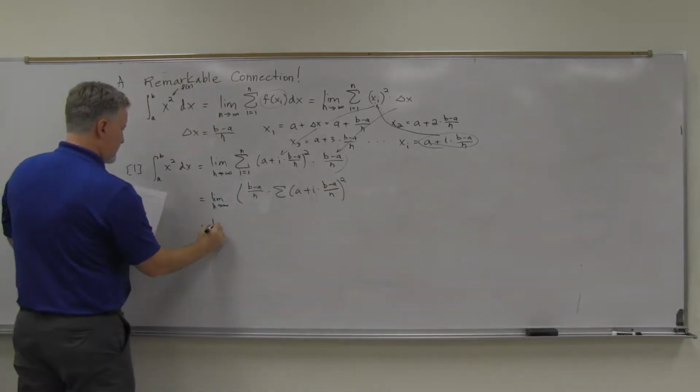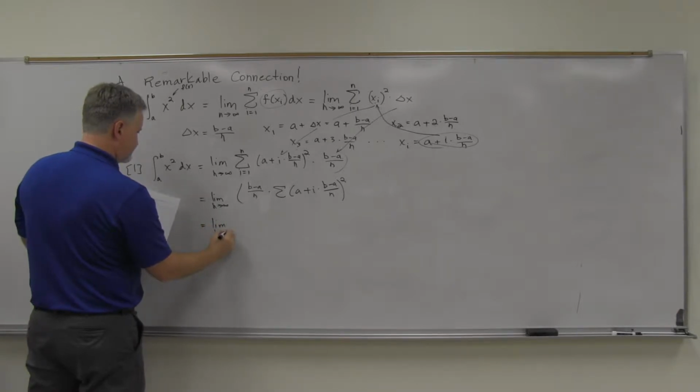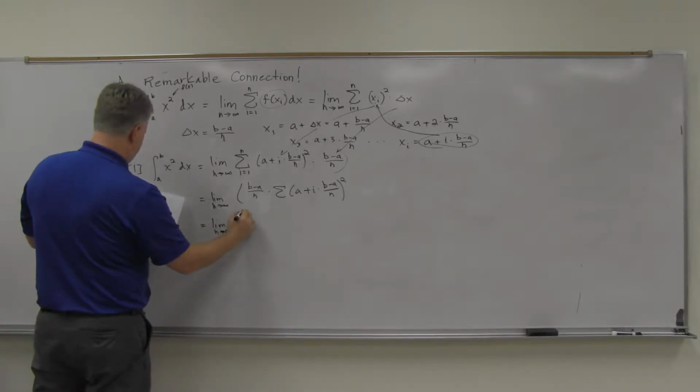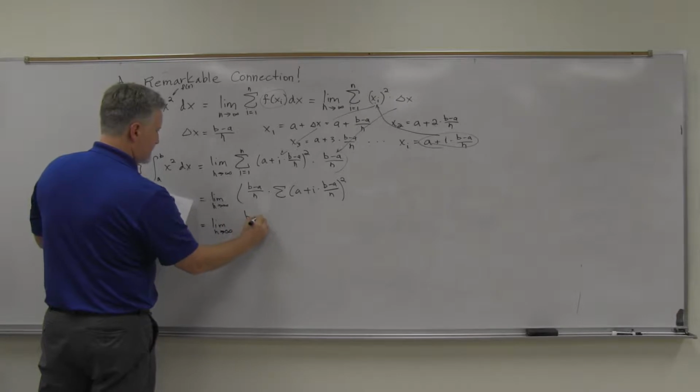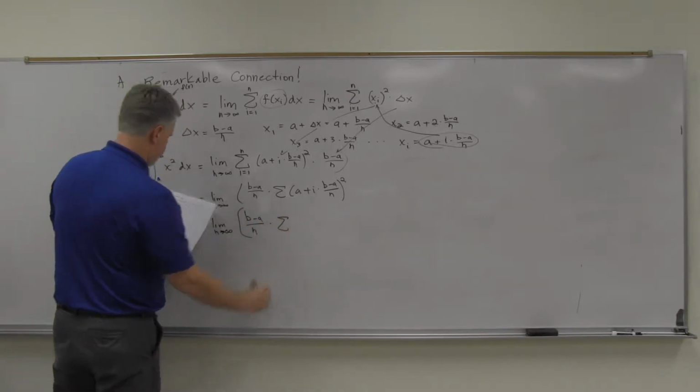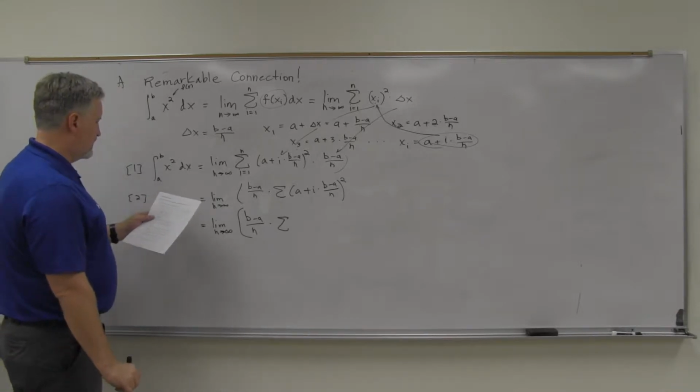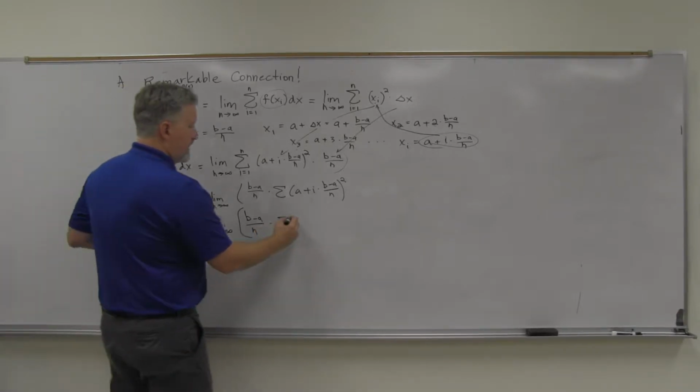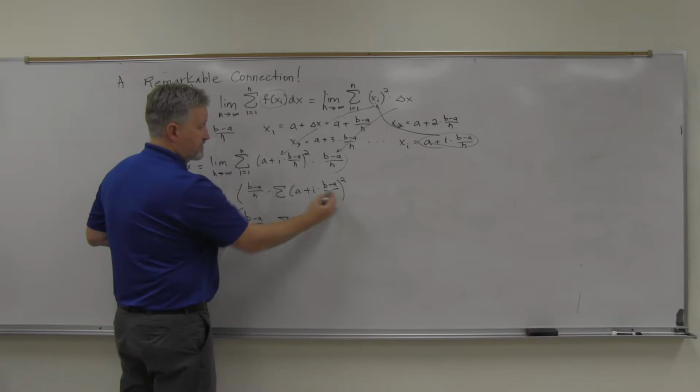And so on line 3, what am I going to do? I have b minus a over n times the summation of, okay, in line 3 I'm just going to square that out.